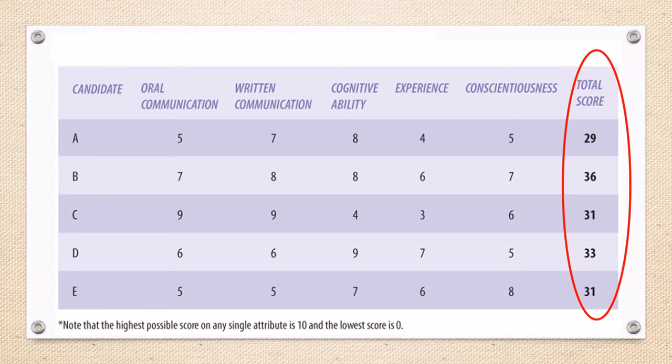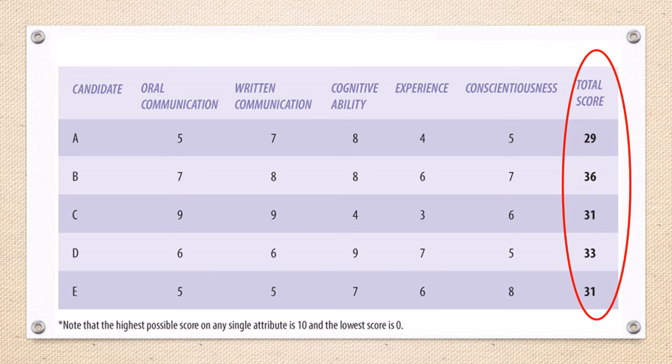Now, it's possible that we could weight these different factors. Say oral communication is particularly important with the job we're hiring for. We could increase the value of oral communication by multiplying it, say by 2.